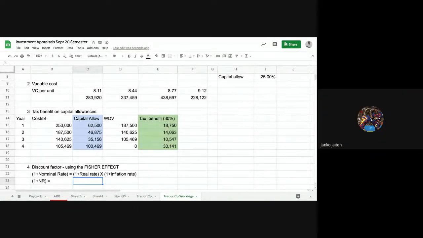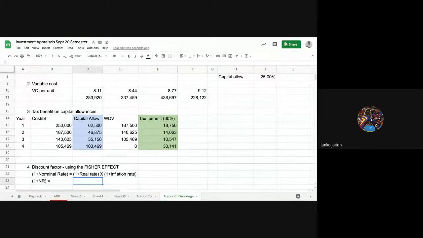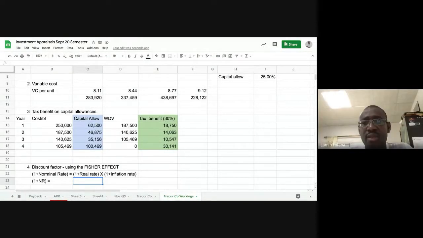So what is 1 plus real rate? What is real rate in percentage term? 5.7%. So what formula should we put here to calculate 1 plus real rate?